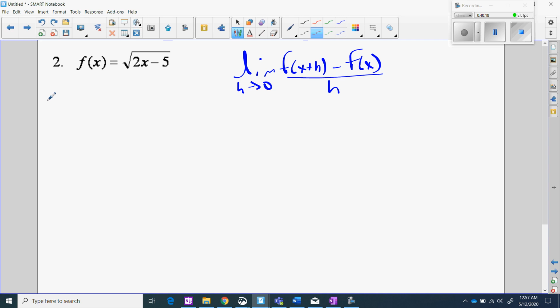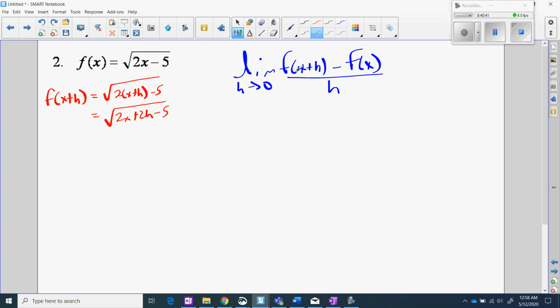On this one, I could probably do it on the fly, but we'll write it out over here. It's the square root of 2, you replace x with x plus h, which is going to give me 2x plus 2h minus 5. That expression is equal to f at x plus h.